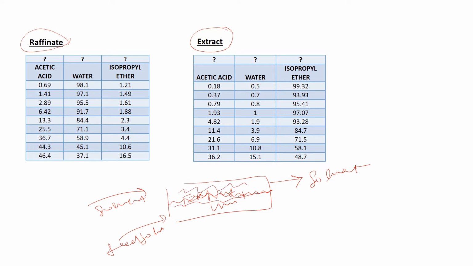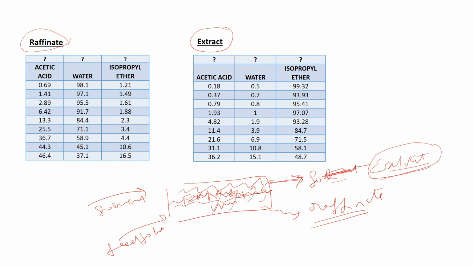The top will be your solvent, which you can remove, and the bottom will be your feed solution. So now we call this, how do you call it? Raffinate. And this one we call extract. This extract will be enriched with your solute molecules, because we already moved a lot of solute from here to your solvent side, and this is called a raffinate.